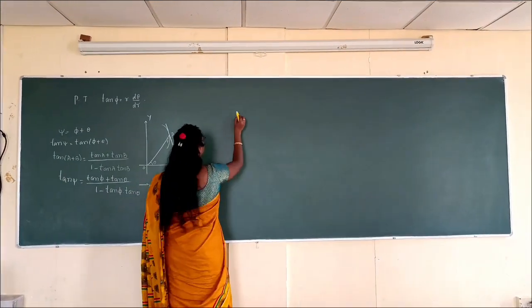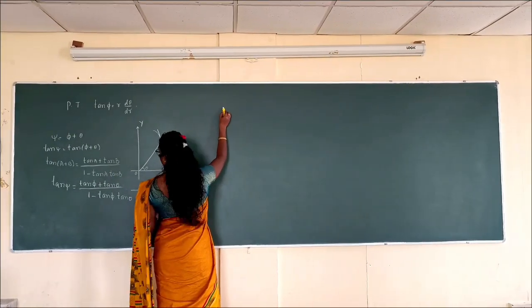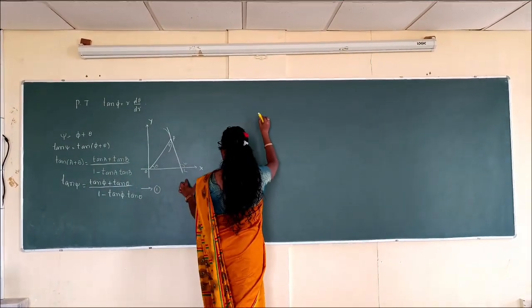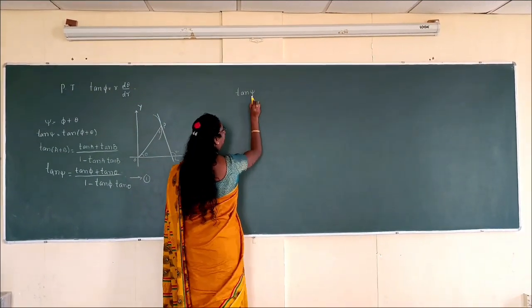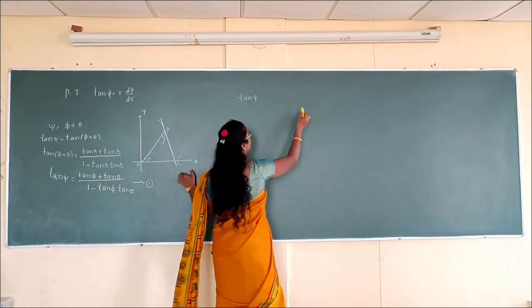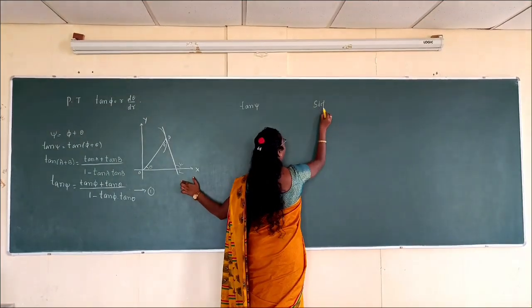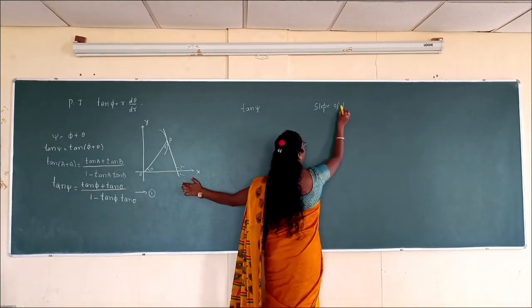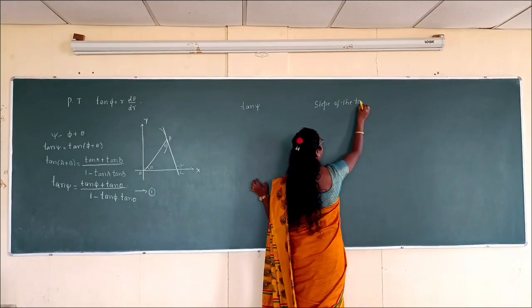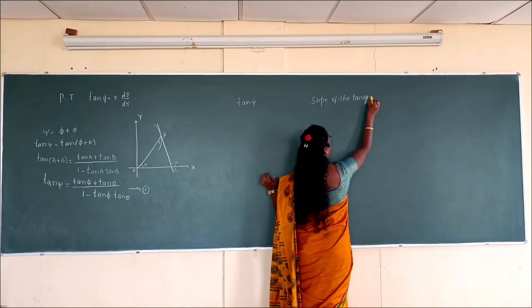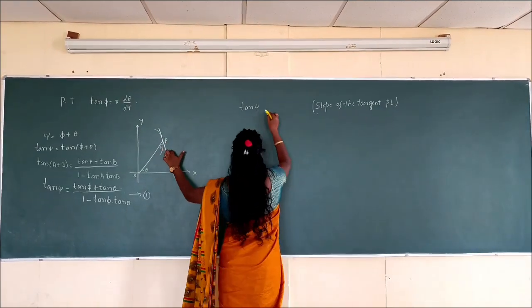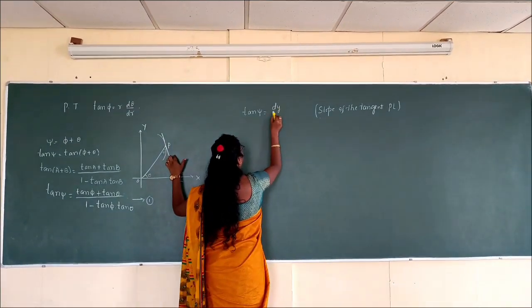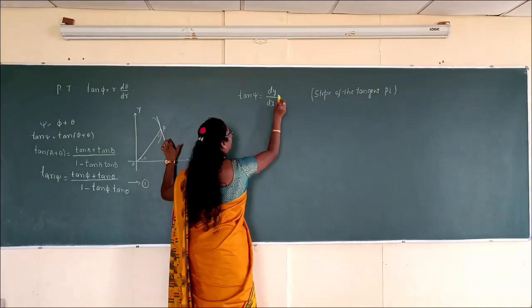And the very next is, we can consider the slope of the tangent. We are denoting it as tan psi. Tan psi is the slope of the tangent, it is PL. We can write it as dy by dx.